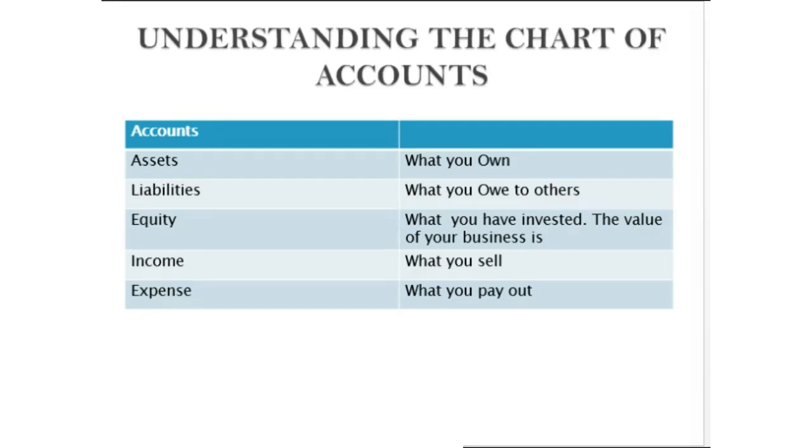These accounts create the accounting equation, which happens behind the scenes in QuickBooks, and we'll talk about this a little later. But let's see how we can categorize more in detail these 5 different accounts. As you can see, we have the assets, liabilities, equity, income, and expense.